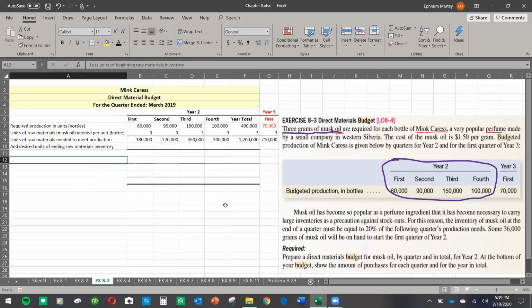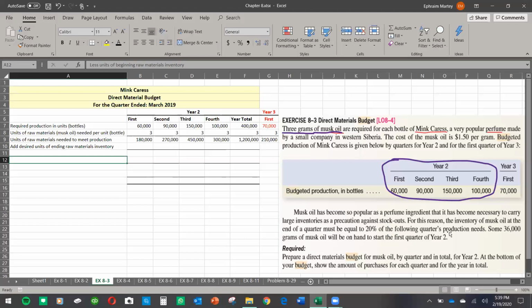How do we calculate that? As we read the problem, it says: mask oil has become so popular as a perfume ingredient that it has become necessary to carry large inventories as a precaution against stock out. So the company doesn't want to run out of stocks.